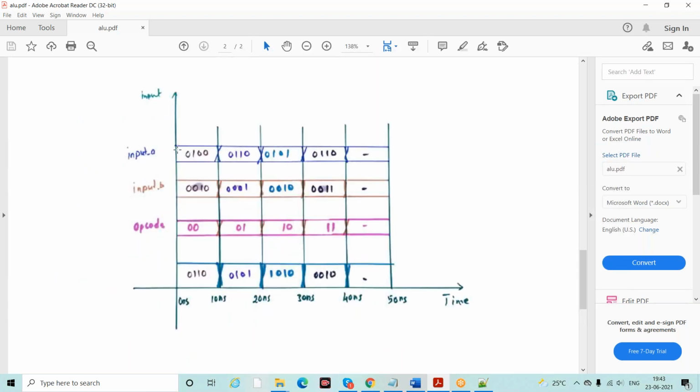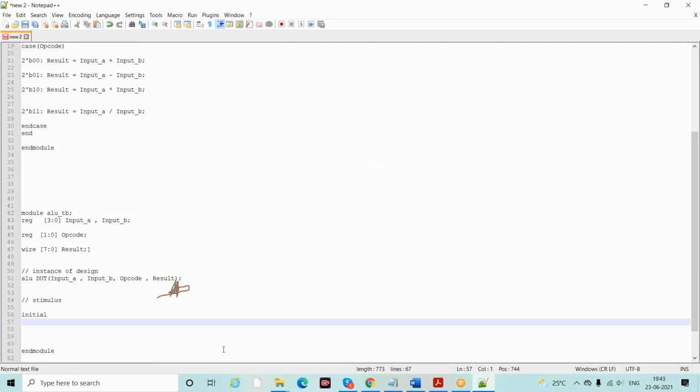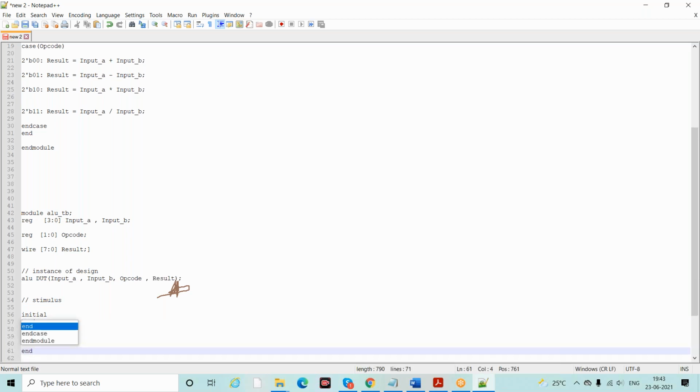See this one. This is the initial time, 0. From here onwards, it executes. So I am going to write multiple statements here, so I am going to use begin and end.